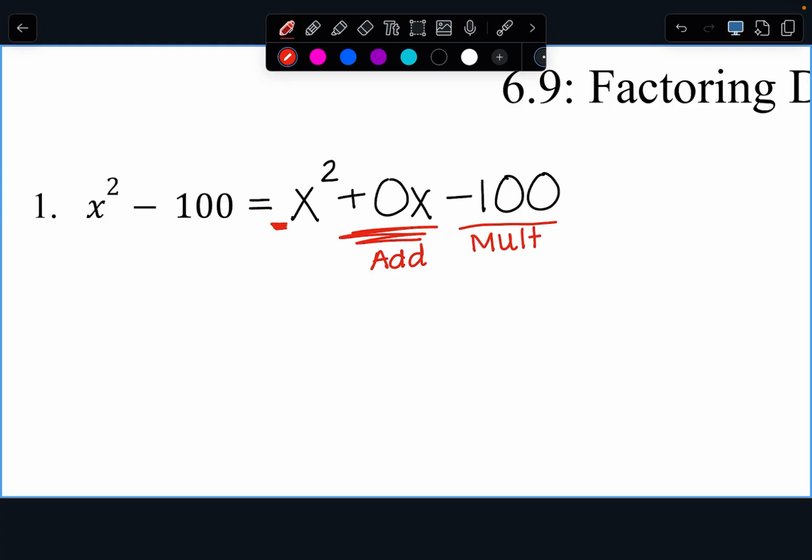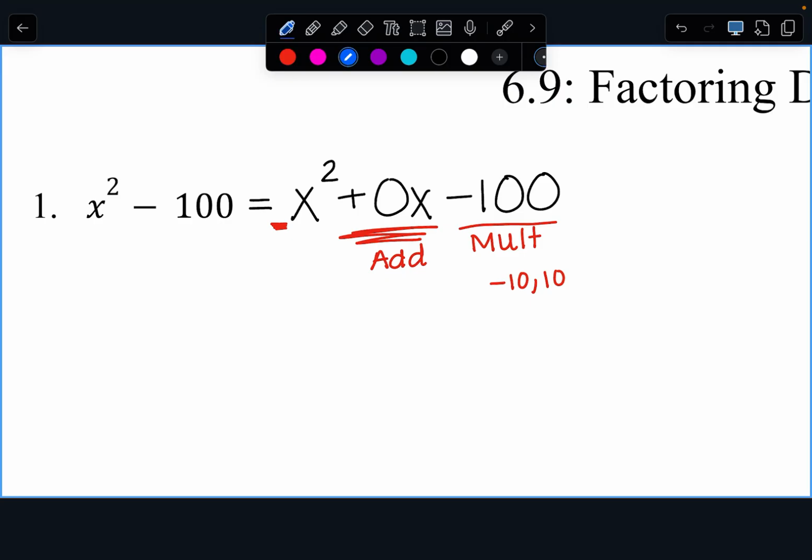What times itself gives you 100? Ten. So this is negative 10 and positive 10.